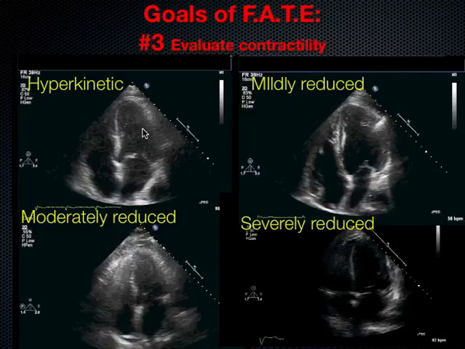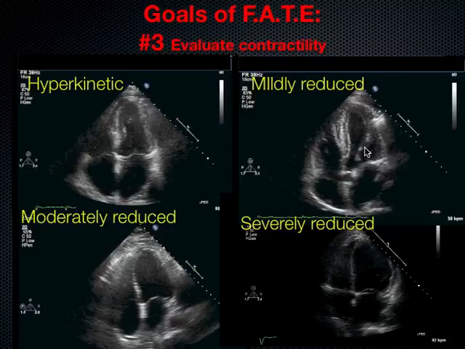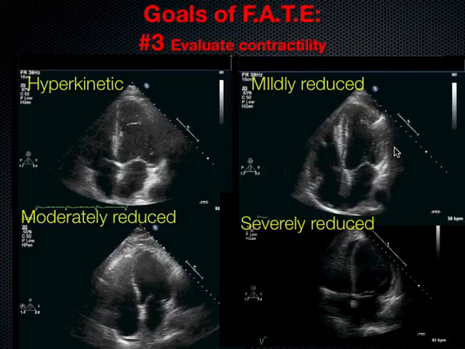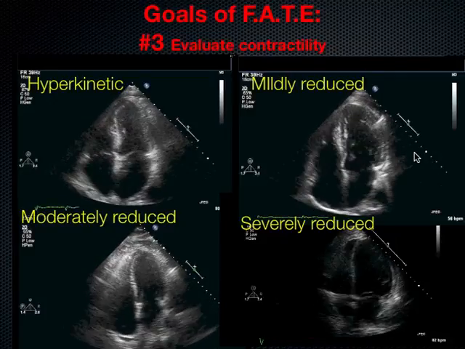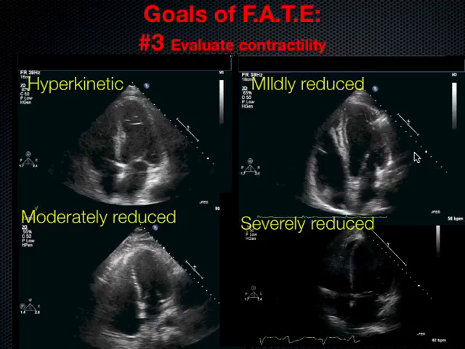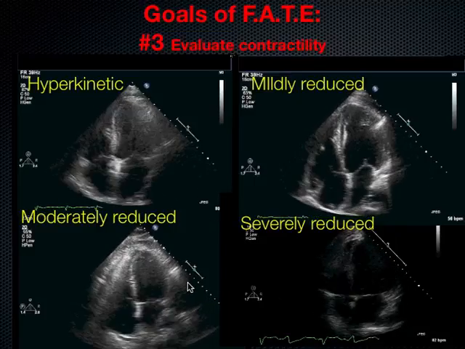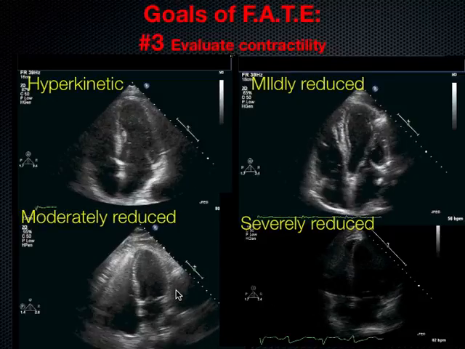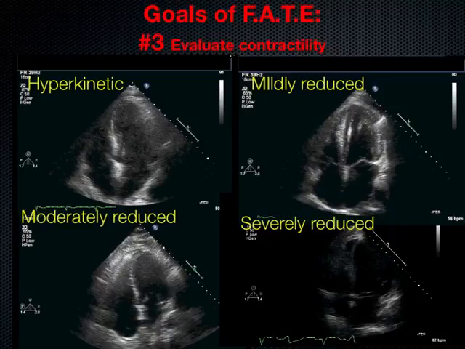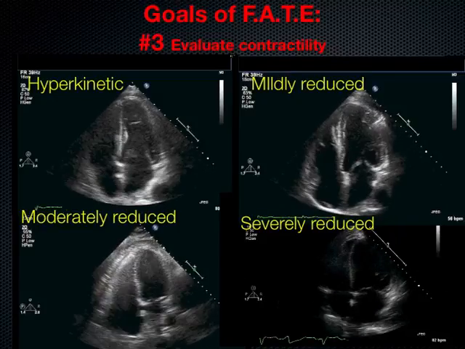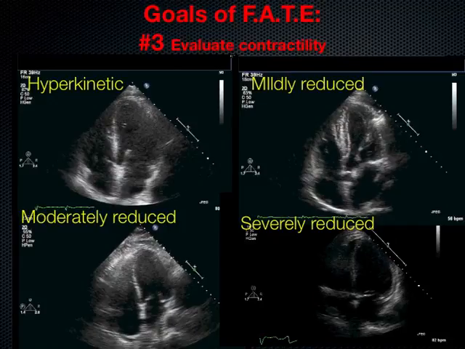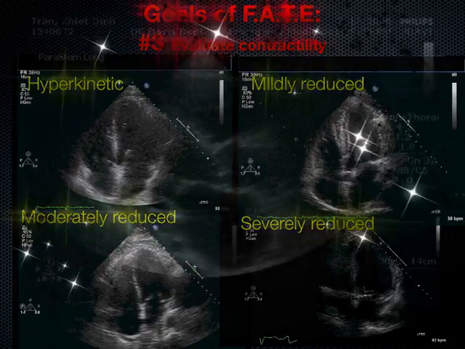Again, the kissing walls of the heart there. This one is just mildly reduced. Still has a pretty good squeeze, pretty good change in chamber size between systole and diastole. This one's moderately reduced, not as much change going on there, and finally severely reduced. There's just not a lot happening there, beat to beat, between systole and diastole.